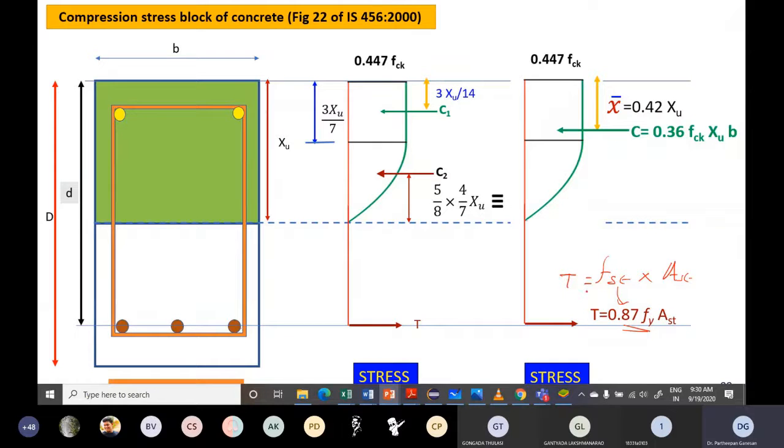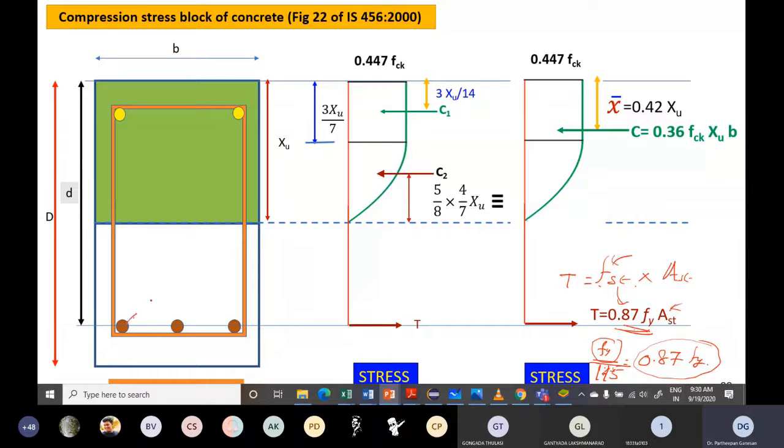For now it is fst into Ast, where fst is the stress in the steel. When the steel is fully yielded, the design strength is fy divided by 1.15, where fy is the yield strength of steel and 1.15 is the partial safety factor for steel. That comes to 0.87 fy. So at the time of failure, the stress in the steel will be 0.87 fy. Ast is nothing but the area of steel provided.